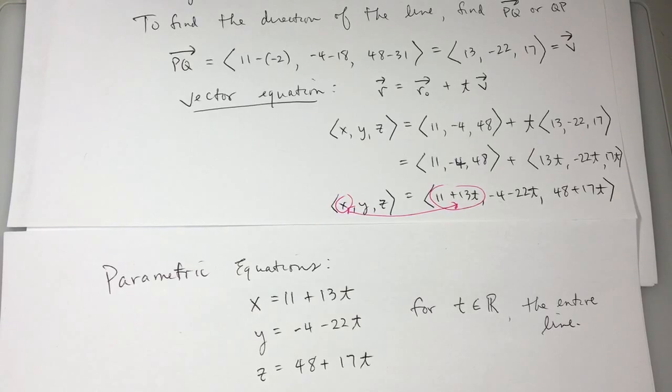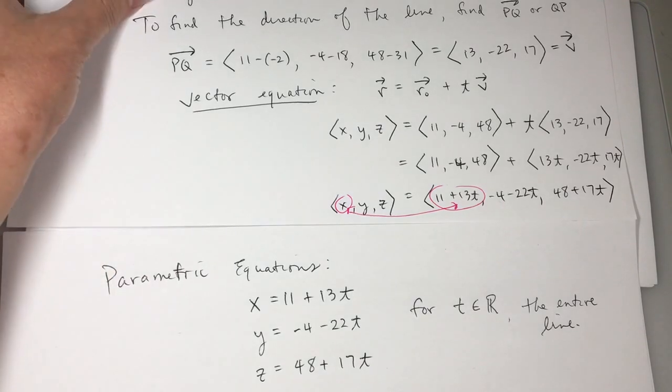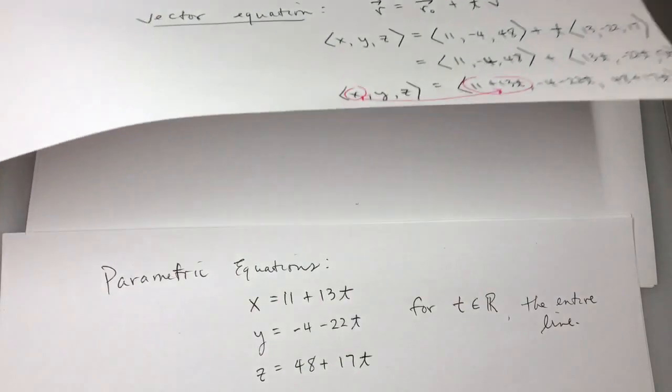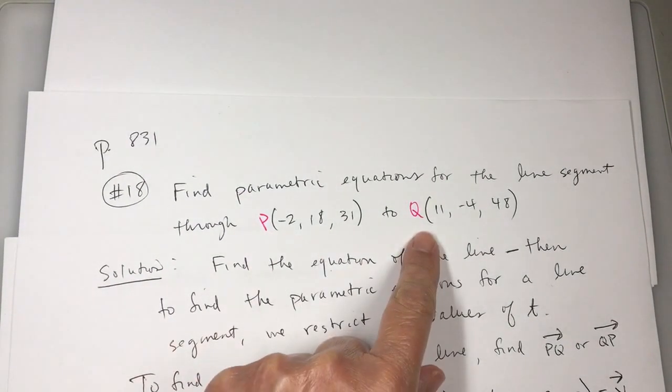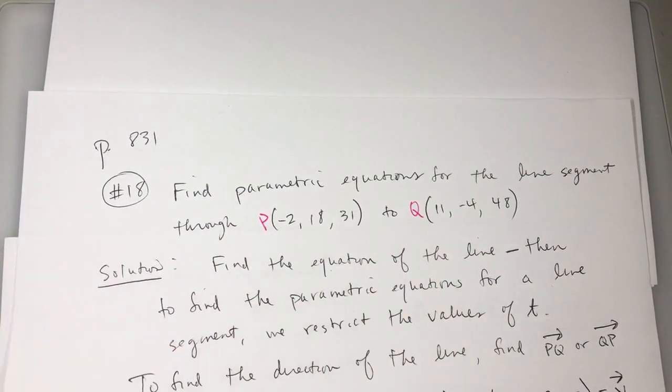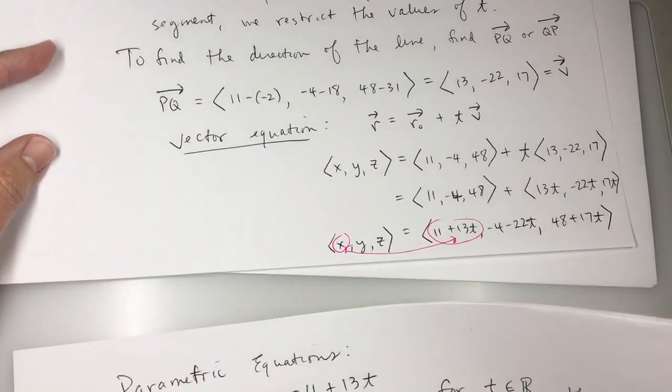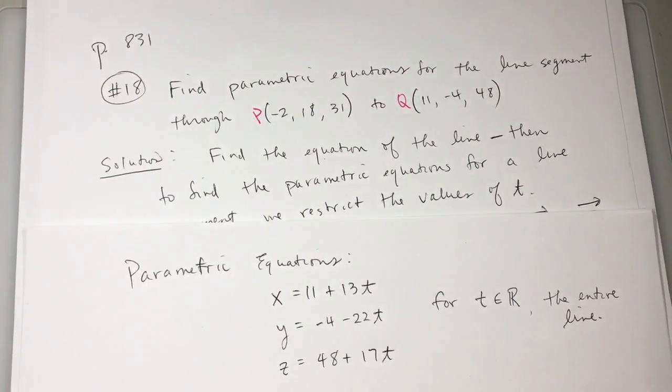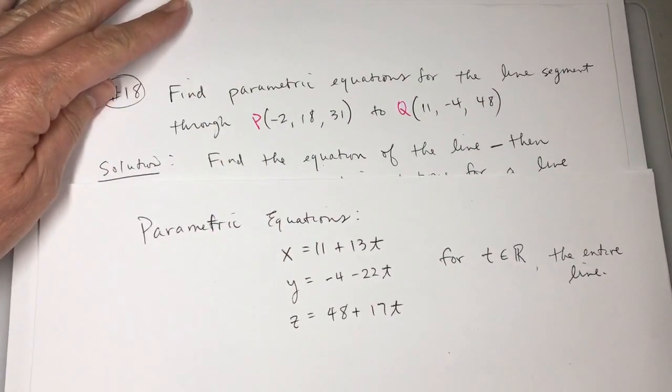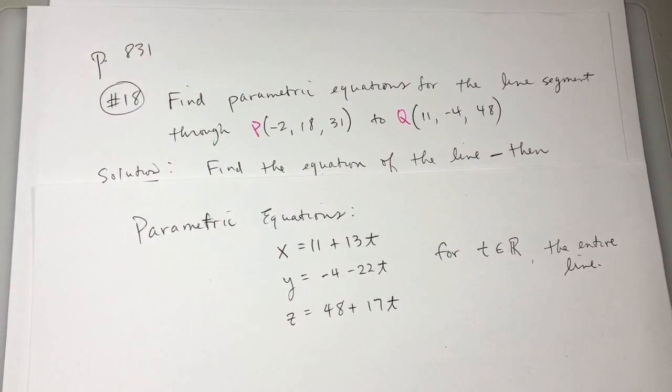This problem in the book did not ask for the entire line. This problem asked for the line segment that went from the first point to the second point, what I called point P to point Q. When t is 0, what do you get? You get what point?